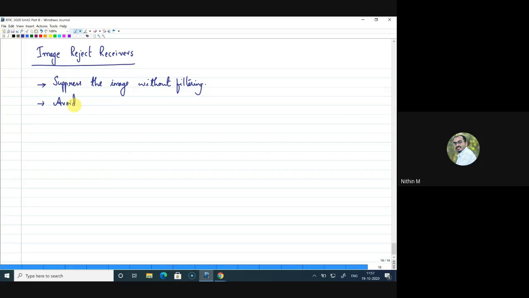We saw that there is a trade-off between image rejection and channel selection. So we are trying to avoid the trade-off between image rejection and channel selection. All right.